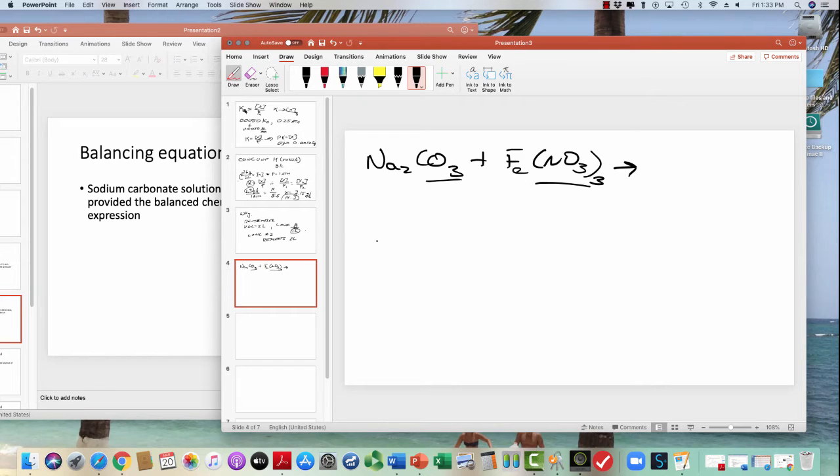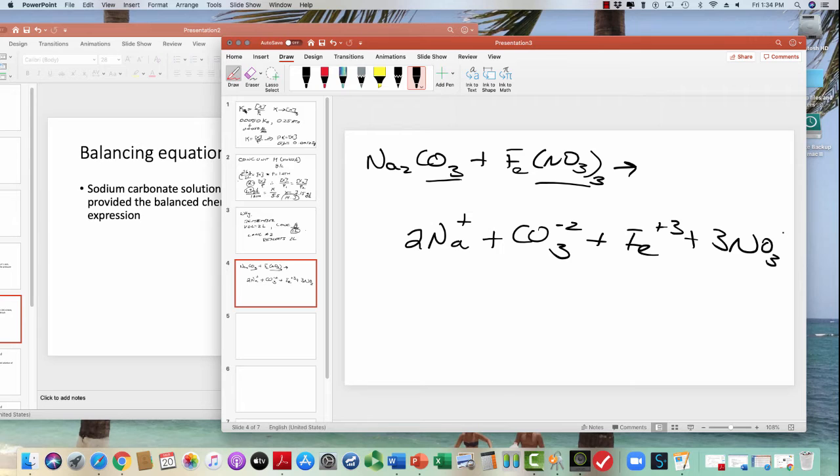We'll just look at this and say, okay, NO3 3, so we know we're going to have Na+ in solution, and we've got 2 of those, and we're going to have CO3 2-, and we just have one of those at the moment. Plus we've got one iron, that's a 3+, and we've got 3 NO3 minuses.